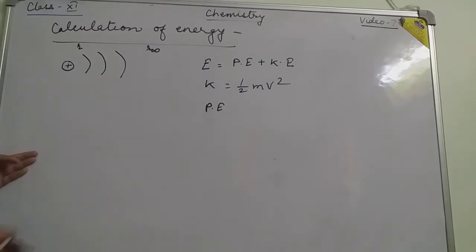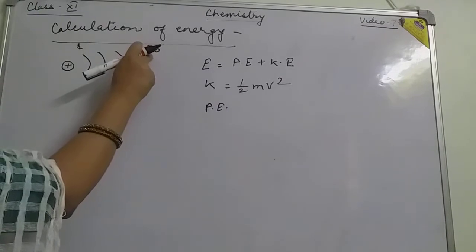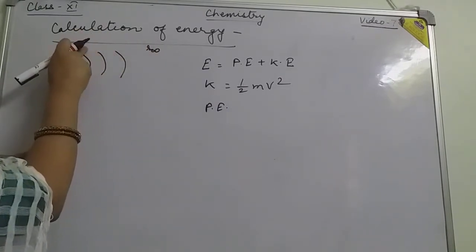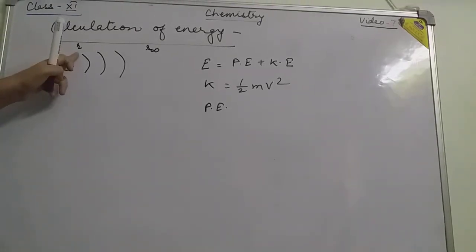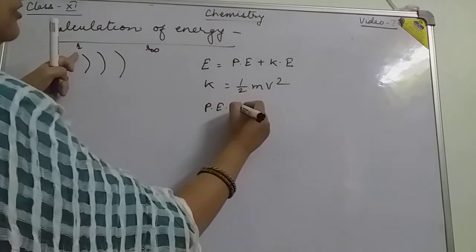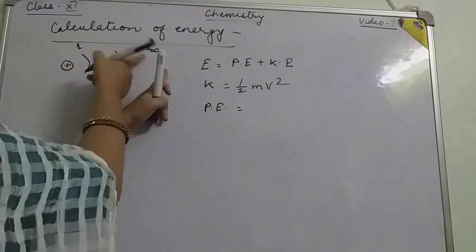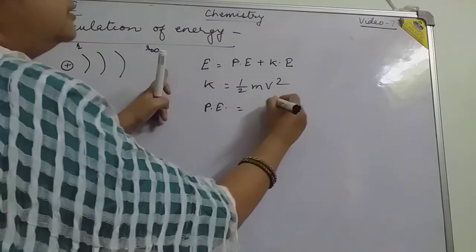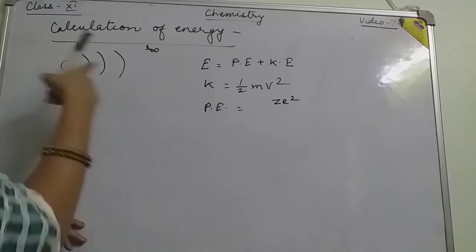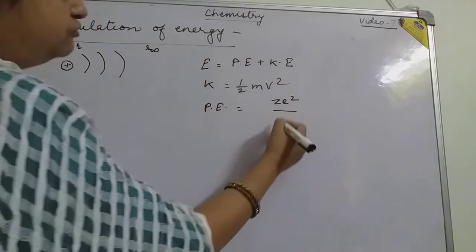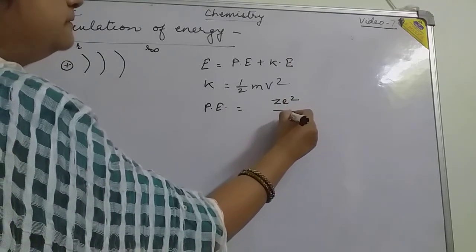And what is potential energy here? Potential energy is the energy required to take this electron from there to here. For a nucleus with Z protons, the electrostatic force of attraction is Ze square by R square.